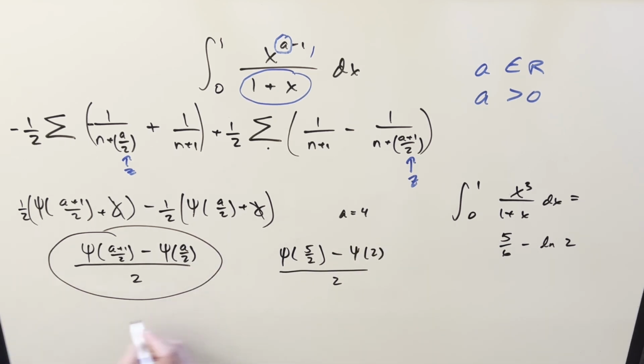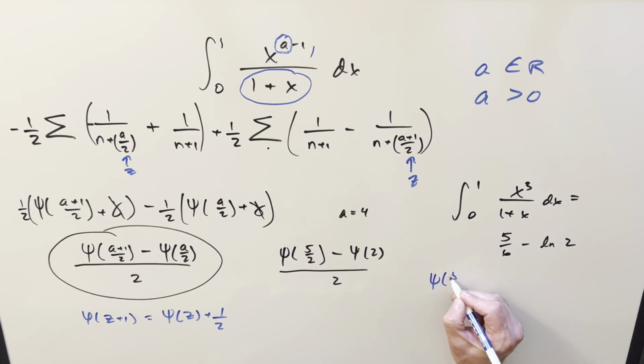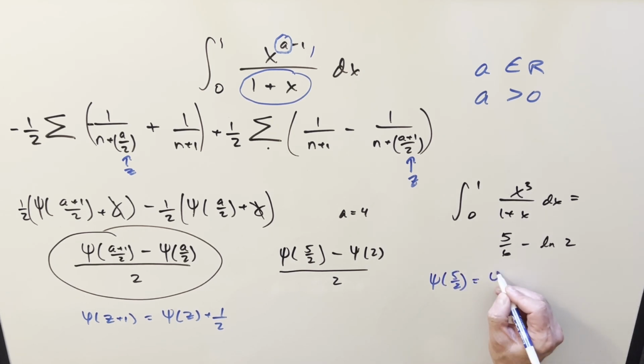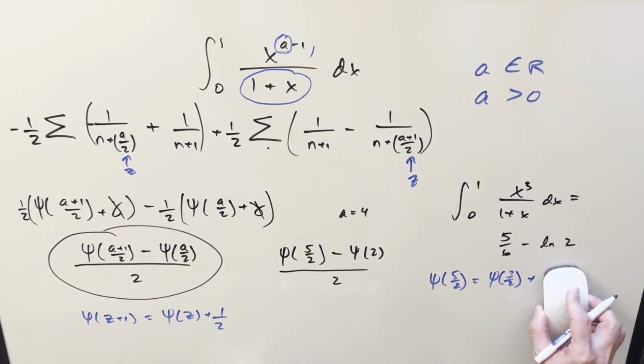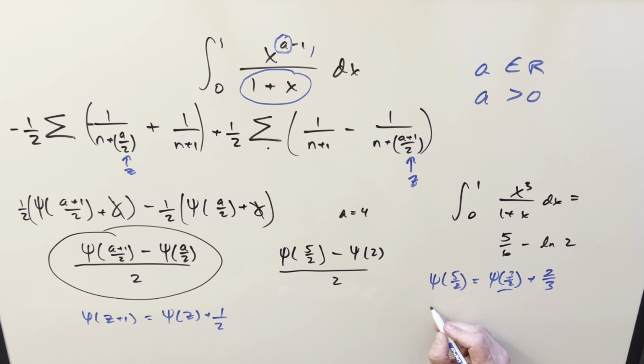So for this, I want to use the recursion formula to reduce the input. If we have digamma of z plus 1, we can reduce this to digamma of z plus 1/z. So using it first on 5/2, reducing it by 1, we get digamma of 3/2 plus the reciprocal, which is going to be 2/3. Then use it again. We want a value for digamma of 3/2. We can reduce this to digamma of 1/2, but that's the value we just saw a second ago.